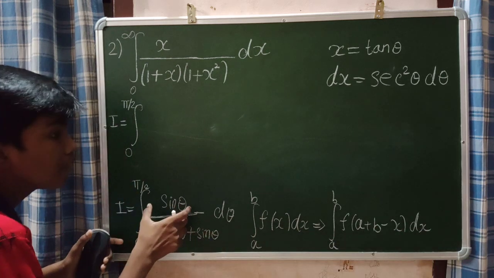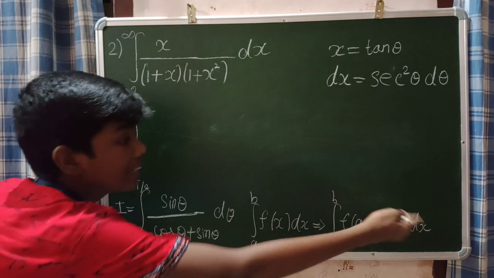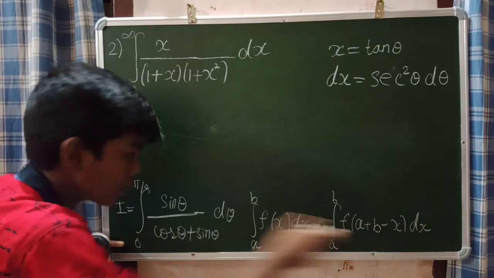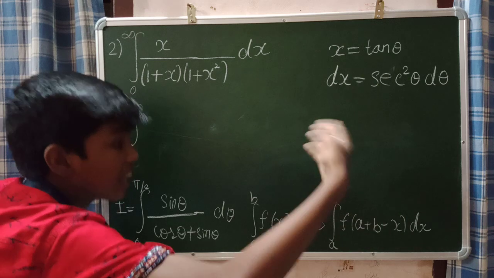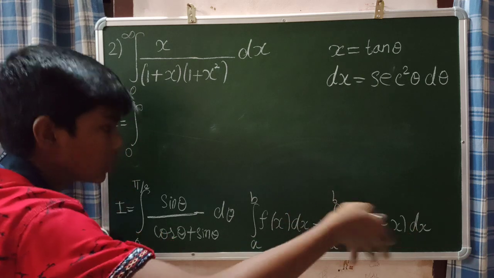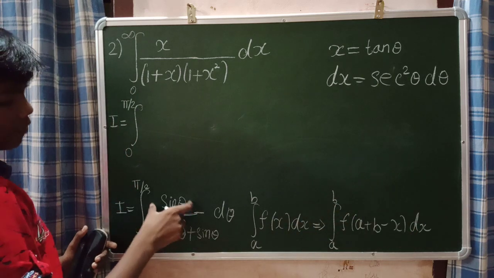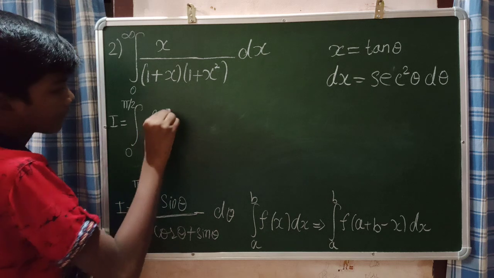Instead of x, you should write theta, because here it is theta. So f of pi by 2 minus theta. Sine of pi by 2 minus theta is cos theta.